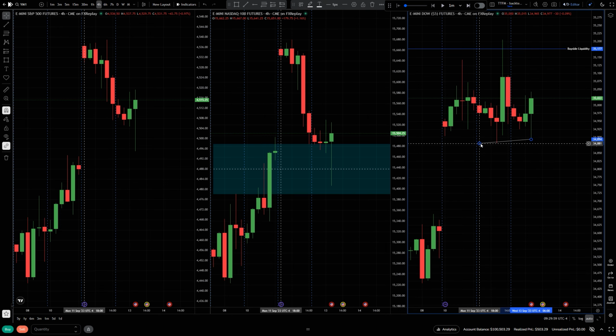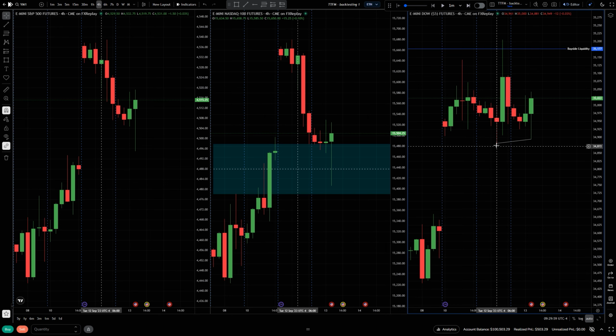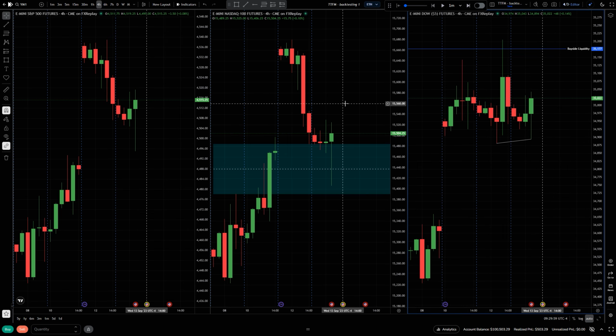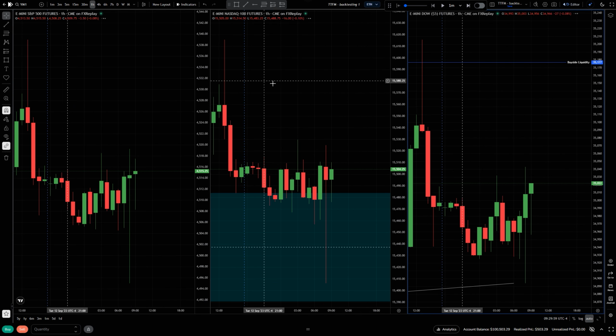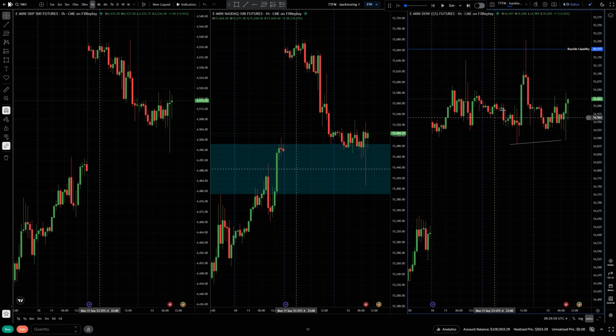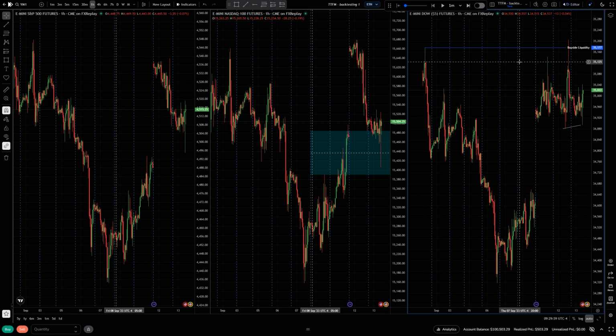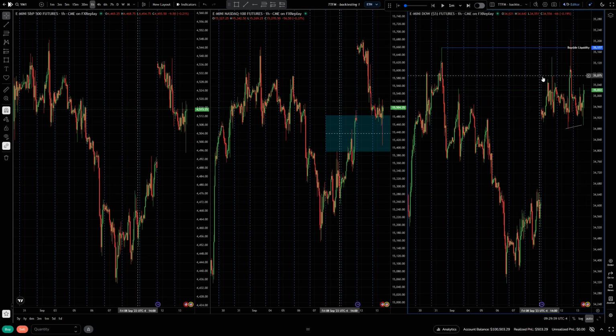And YM didn't manage to sweep the previous day's low. So we are currently looking for buys on all three assets as YM took out its relevant high here.